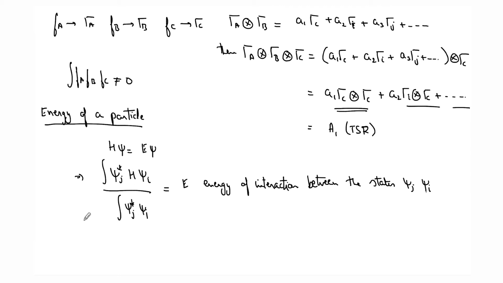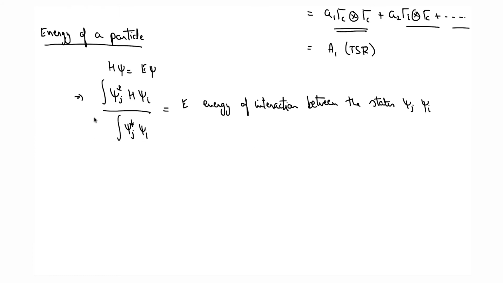We have to calculate the IR representation to which psi j, H and psi I form the basis, right? Let's first talk about H. We know that H is the Hamiltonian, and H is invariant under all symmetry operations. We have seen that earlier, right?